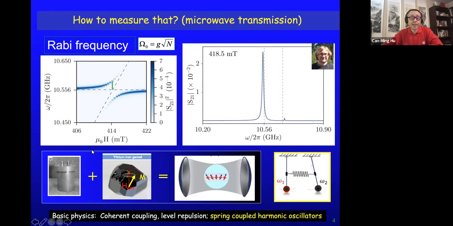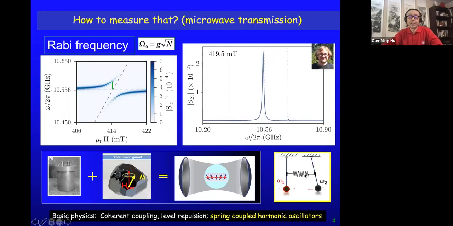If you measure the transmission of that system, what you see is a cavity mode, which is independent of the magnetic field you apply. If you change the magnetic field, you can tune the frequency of the magnon modes. Once the frequency of the magnon modes approaches the cavity mode, you see this typical anti-crossing type of behavior.